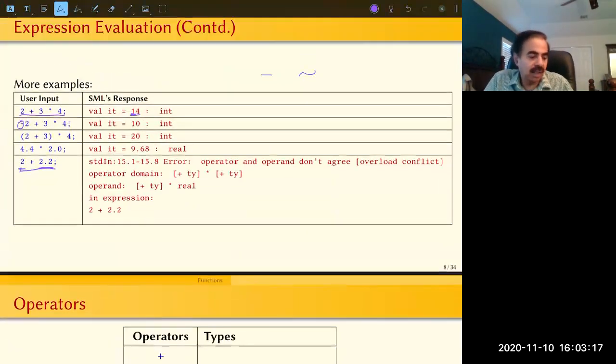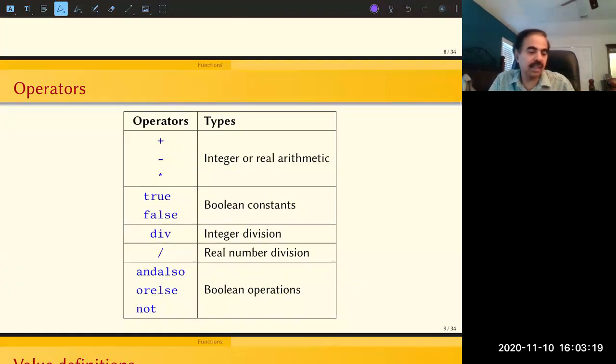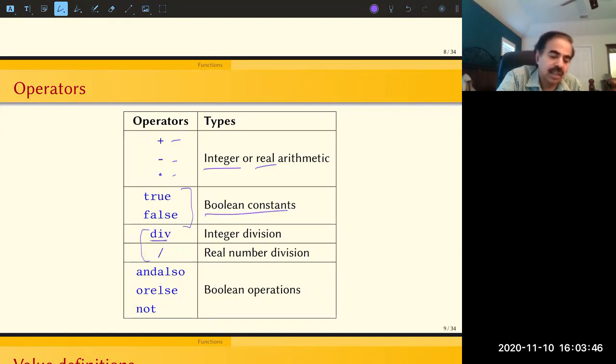So far we typed in a few expressions. So let's catalog some of the operators. So there is addition, subtraction, and multiplication. These three operators can be used on integers as well as real numbers. True and false are Boolean constants. And for division, there are two different operators. For integers, you use an operator called div.